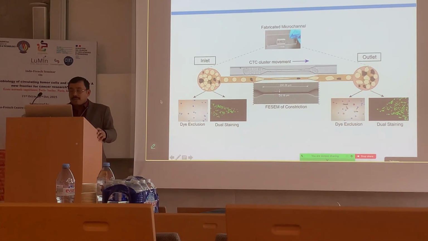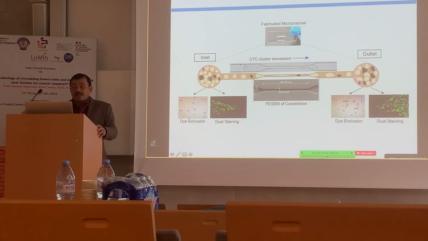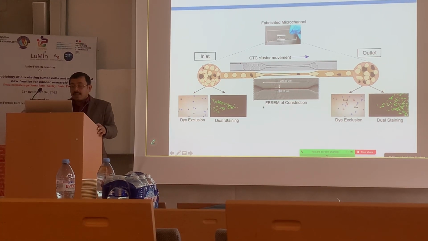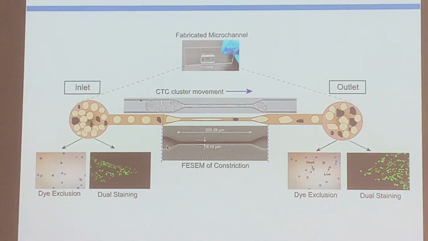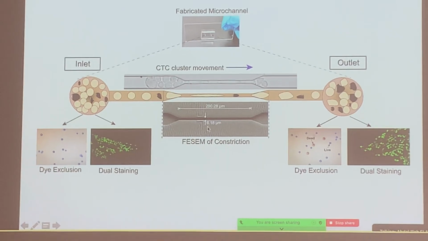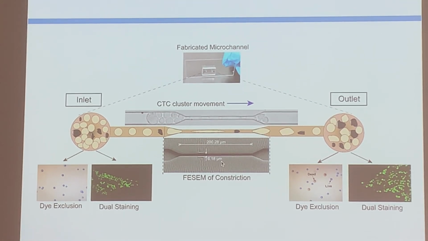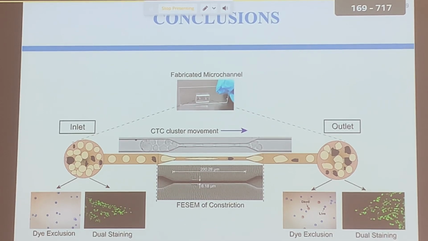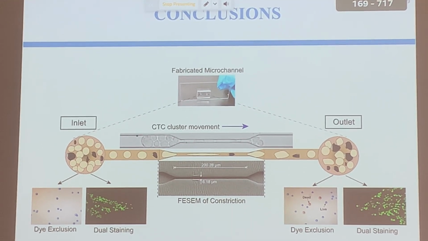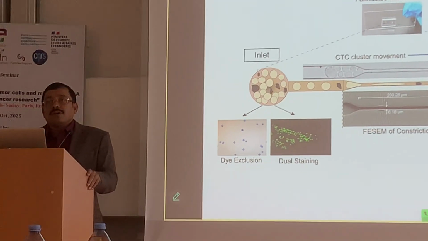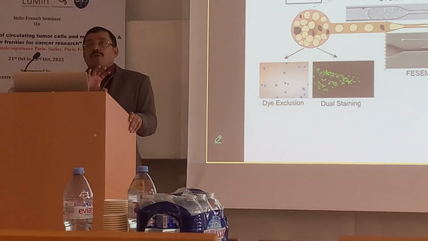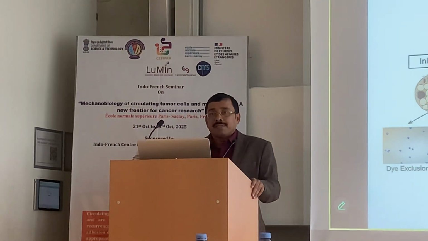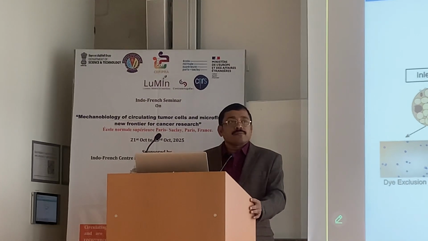You can see this is almost 100 micron. It is 60 micron here. So from 60 micron to 7 micron, there is a constriction. But the height of the channel is 7 micron all the way through. Yes, all the way through. So it is constant. It is kind of one dimension if you see from this side. Okay, thank you.